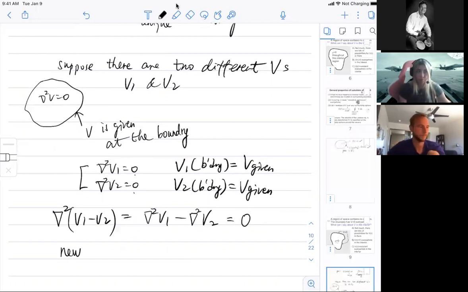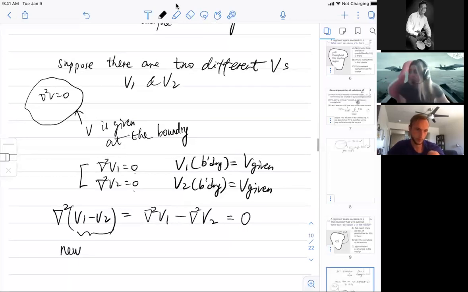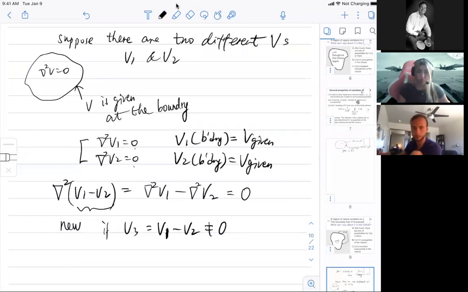And at the same time, we know that V1 at the boundary and V2 at the boundary are the same value. So if this V3 is V1 minus V2, and this new V3 is not 0, but some other value, then you're violating the first property.